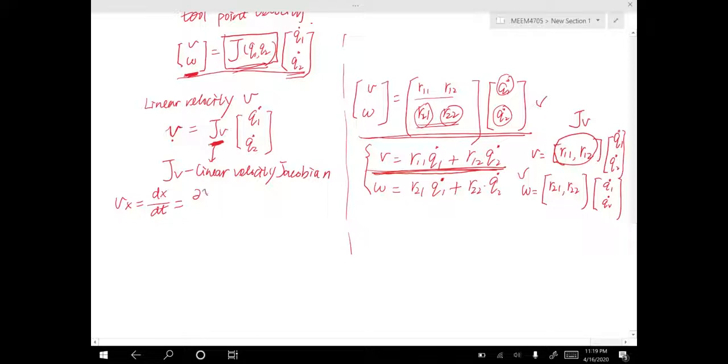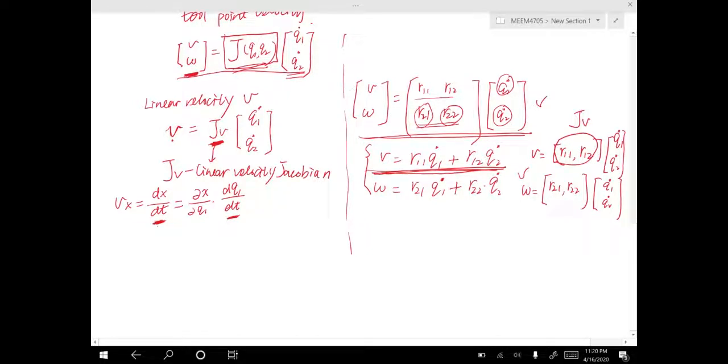So if we want to calculate the partial differential, that equals dx over dq1 times dq1 over dt, so that we are able to find the relationship between the end effector's position and the joint variables' velocity.